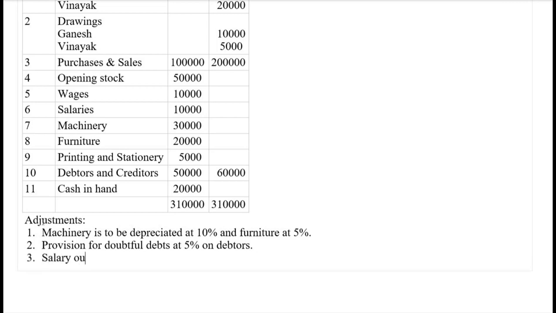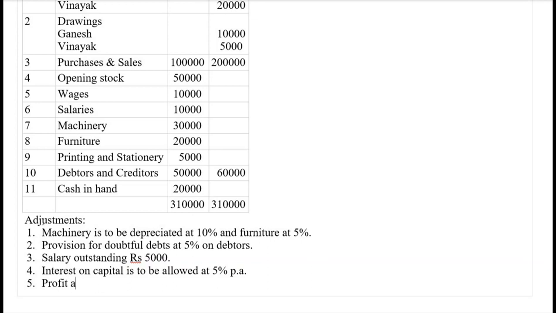Salary outstanding rupees 5,000. Interest on capital is to be allowed at 5% per annum. Profit and losses are shared equally. Closing stock valued at rupees 30,000.